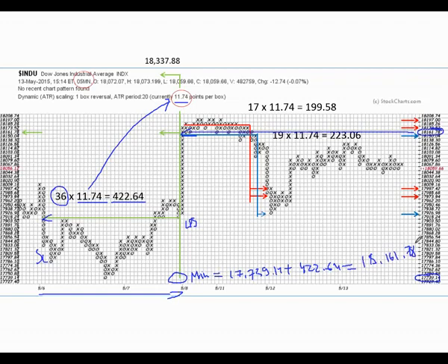Here we have a count that counts across 17 columns times our scaling, gives us 199.58 points down.